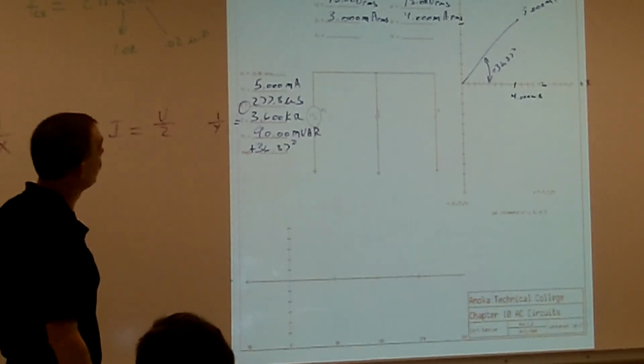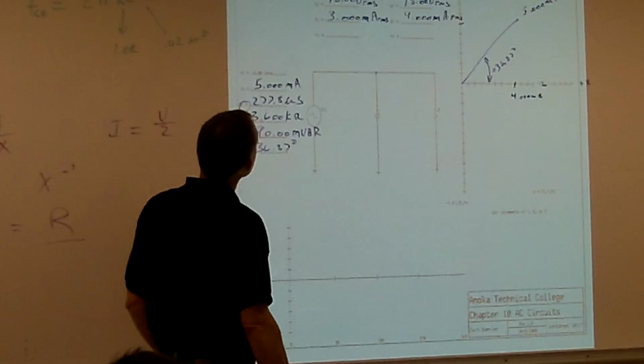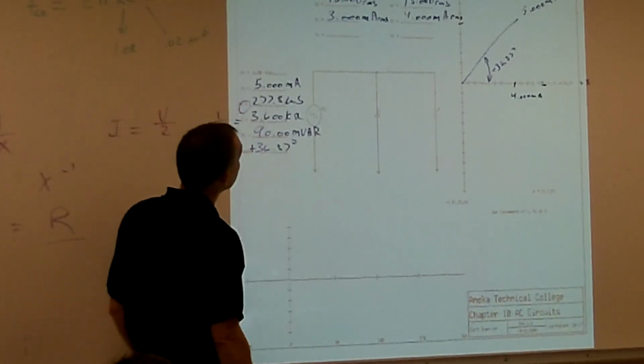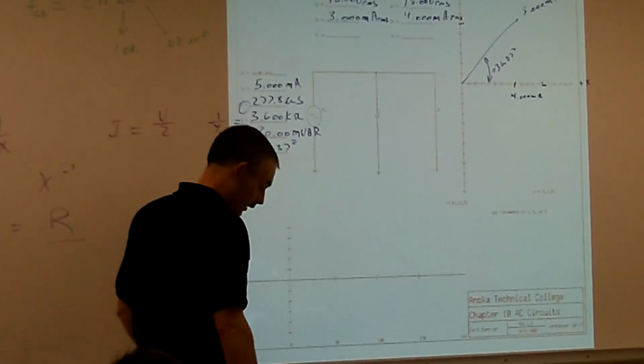So power going across my capacitor or my resistor, whichever one you calculated.